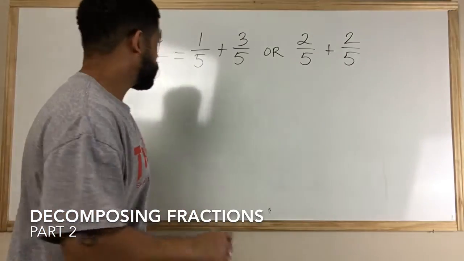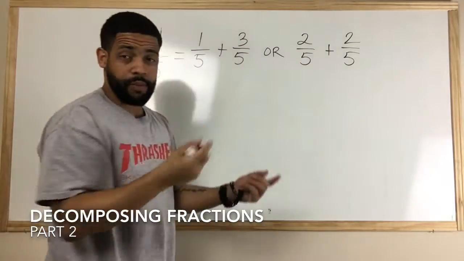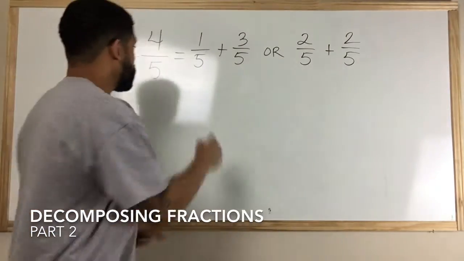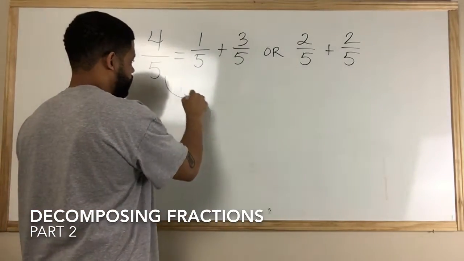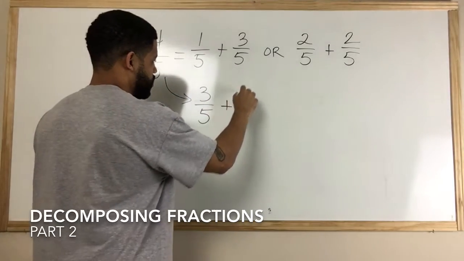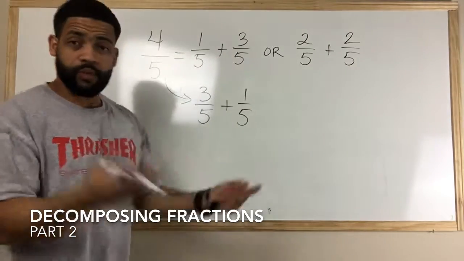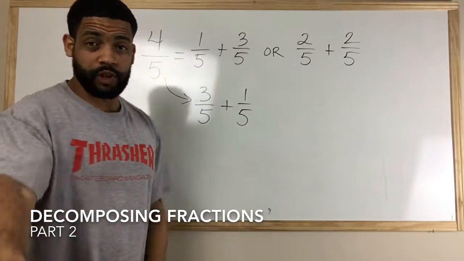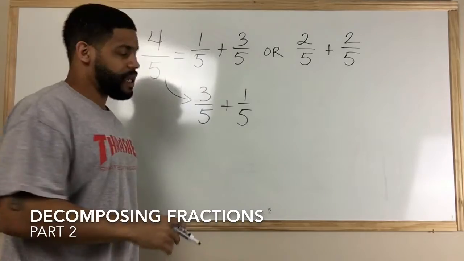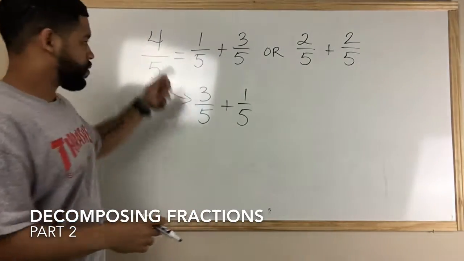Another way that we can do this is, by way of the commutative property, which changes the order of numbers, we can simply say that 4/5 is equal to 3/5 plus 1/5, okay? Same thing as this, but by the commutative property, we have switched the order of them, okay? So that's 3 different ways that we can compose the fraction 4/5.